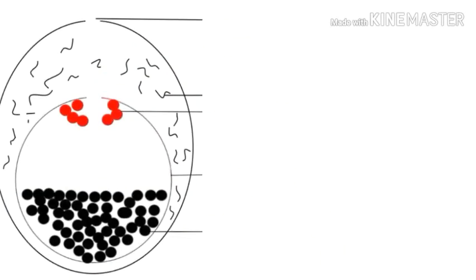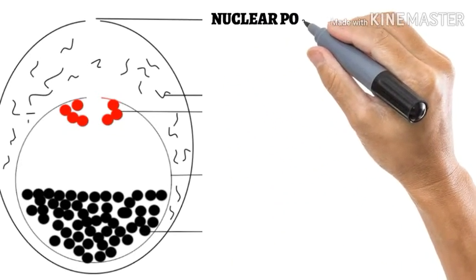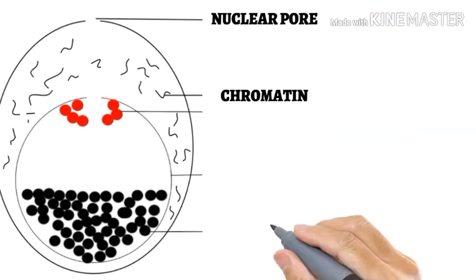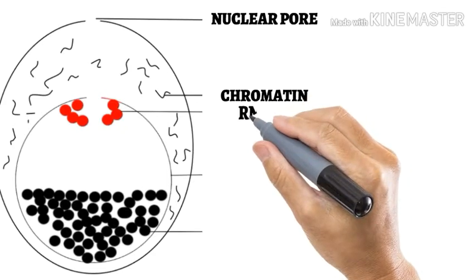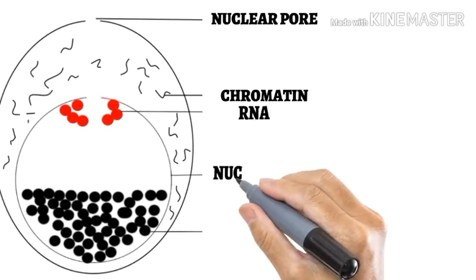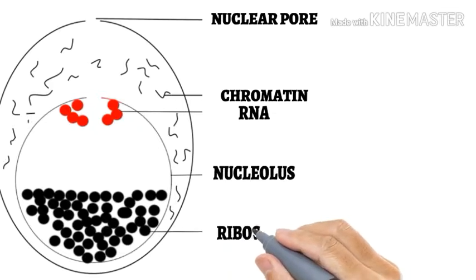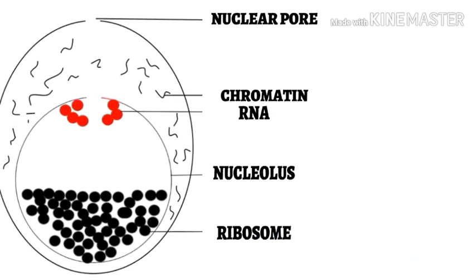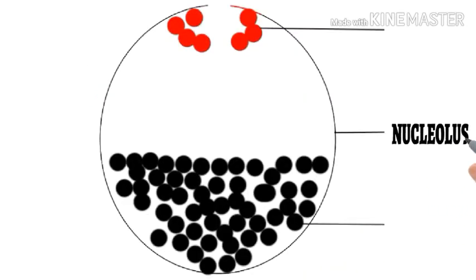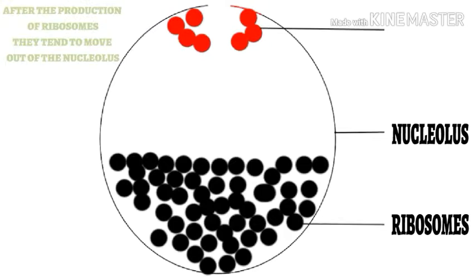That is a magnified diagram of the nucleus. That is the nuclear pore, the chromatin, the RNA, the nucleolus, then the ribosome. So ribosomes are produced in the nucleolus. After the production of ribosomes, they tend to move out of the nucleolus.